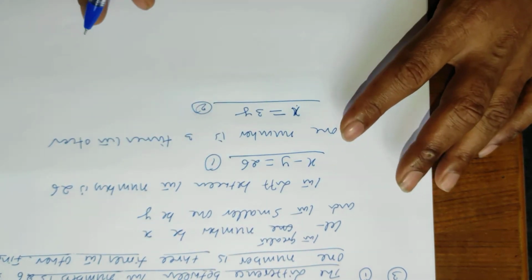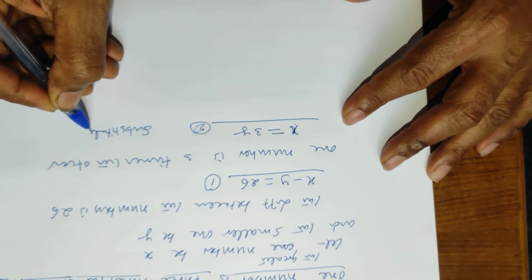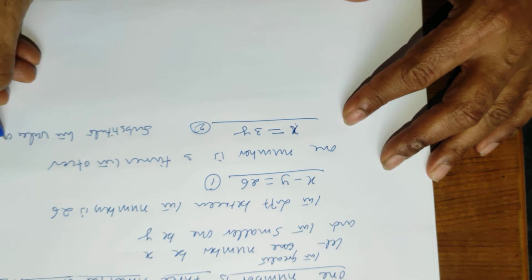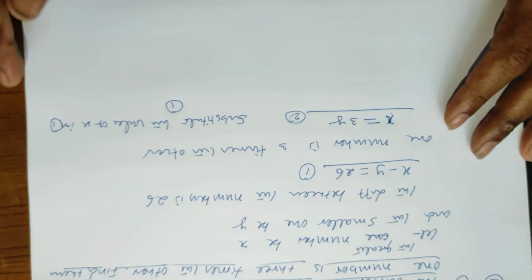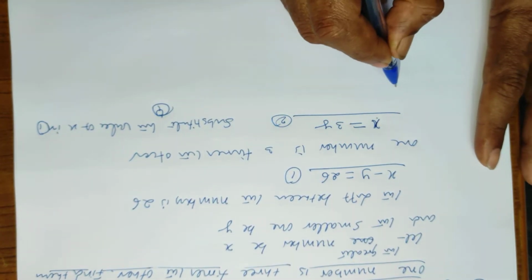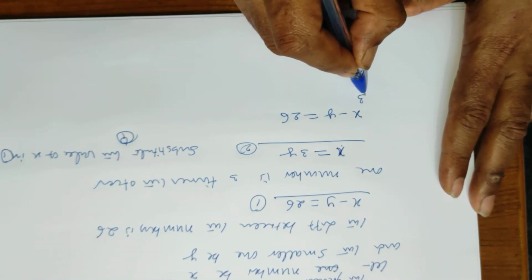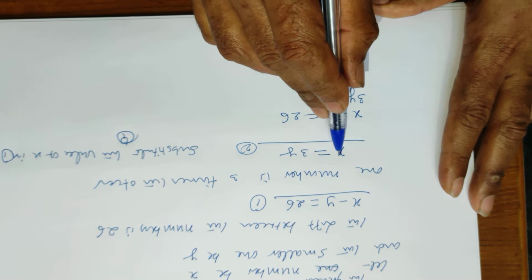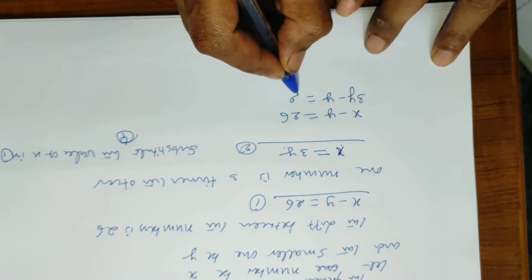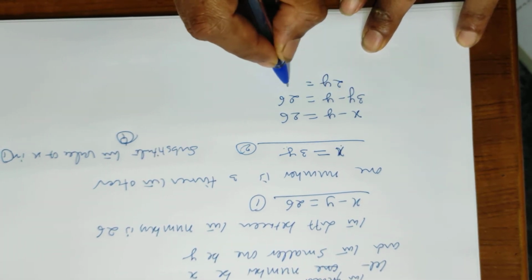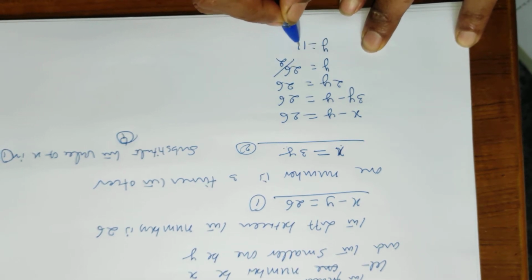So directly we can substitute the value. So substitute the value of x in equation 1. So x minus y is equal to 26. How much is x? 3y. In the place of x I have written 3y minus y is equal to 26. So 2y is equal to 26, y is equal to 26 by 2, y is equal to 13.